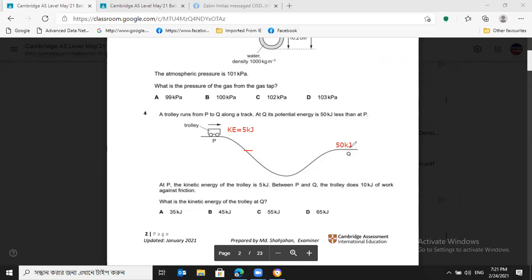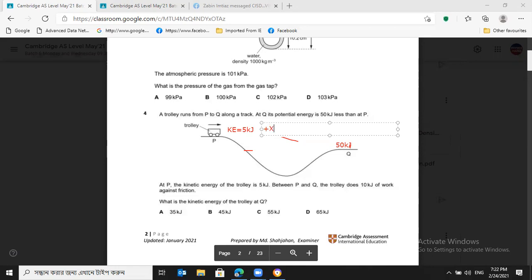50 kilojoules, they are saying here, what is their information? At Q, its potential energy is 50 kilojoules less than at P. Okay, 50 kilojoules less than at P. That means if we have here gravitational potential energy, for example, x kilojoules, we write here plus x.